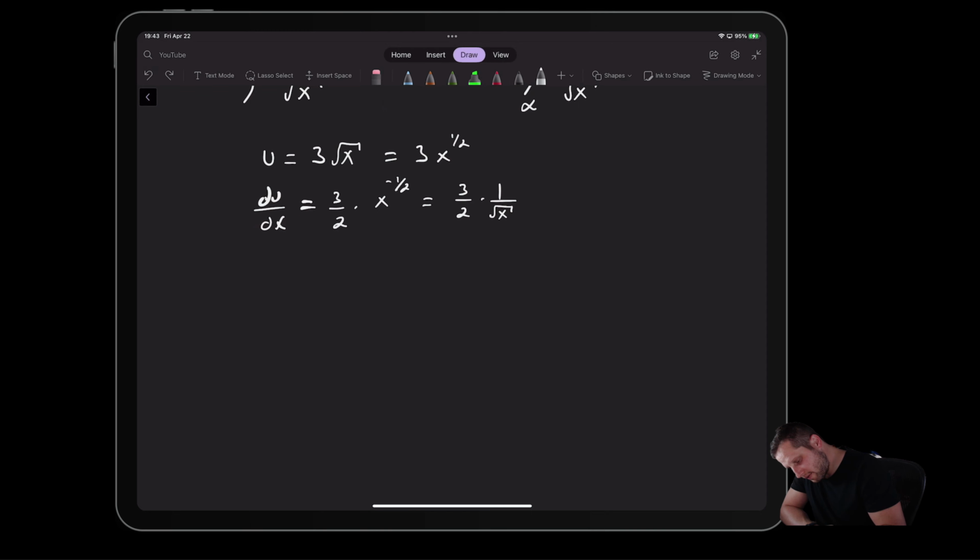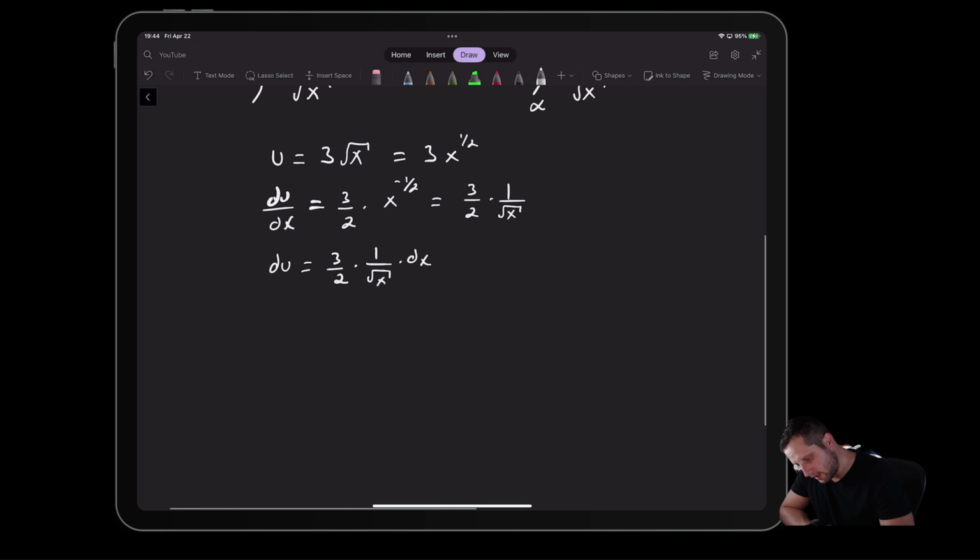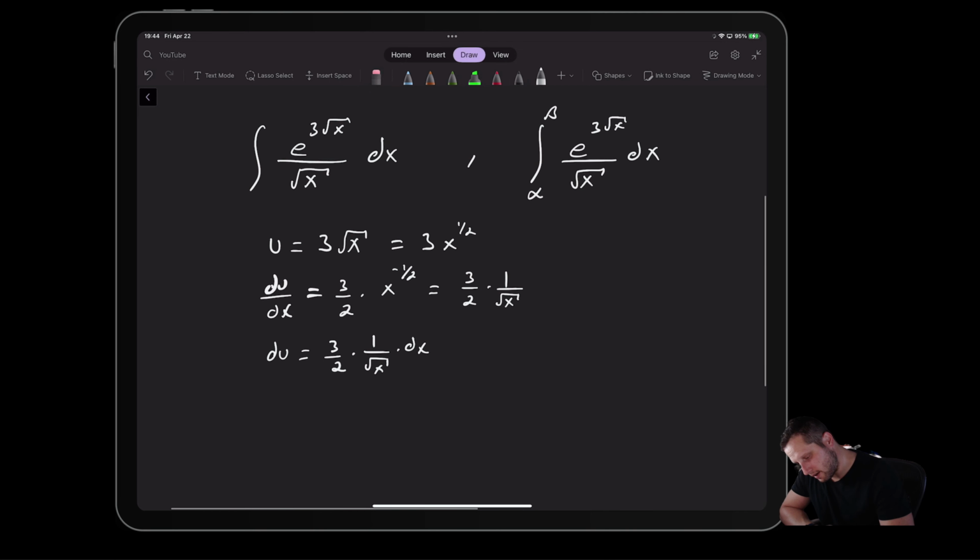And then we're going to move this dx to the other side. So then we have du is equal to 3 over 2 times 1 over square root of x times dx. Now, you'll notice that up here we have a 1 over square root of x and the dx in the right place.